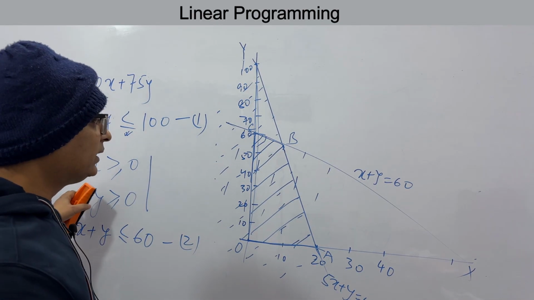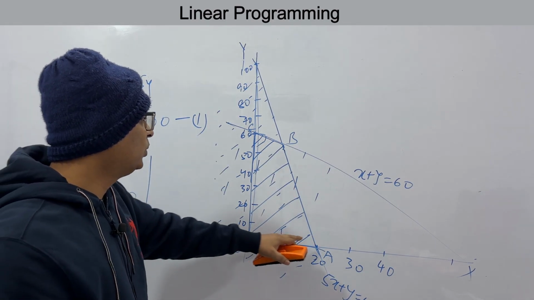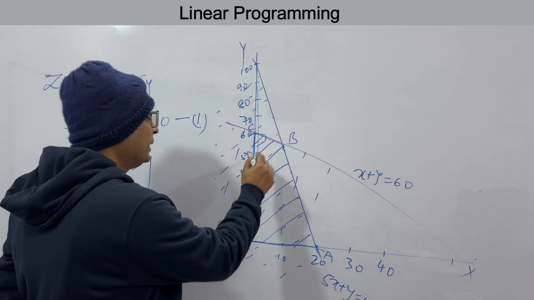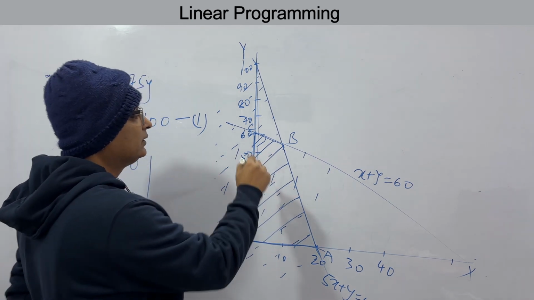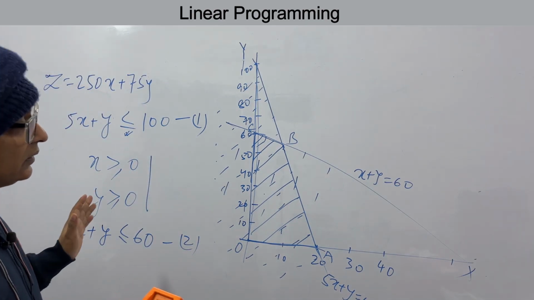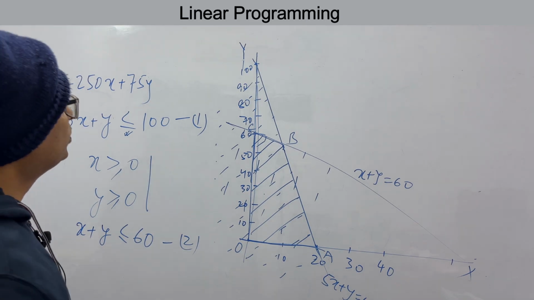There are 4 inequalities. So the area satisfying all these 4 inequalities is O, A, B, C. This is called the feasible region. That is, any point within this region satisfies all the inequalities. So is this clear up to now? If this is clear up to now, then we'll go to the next step.